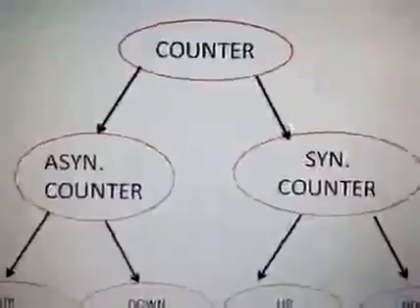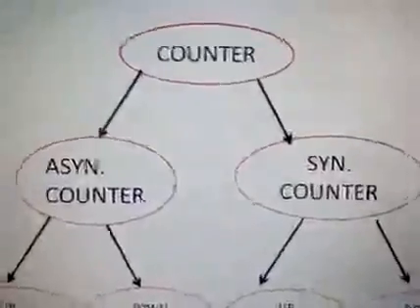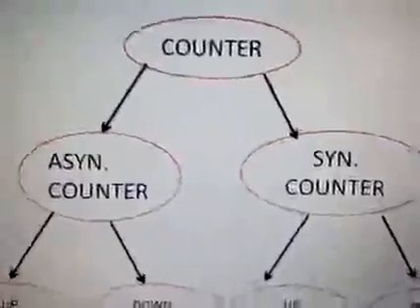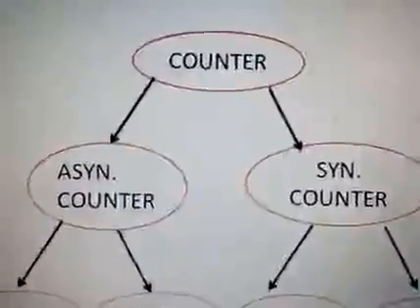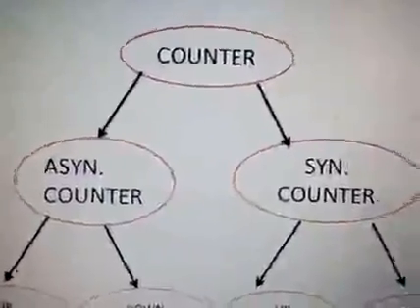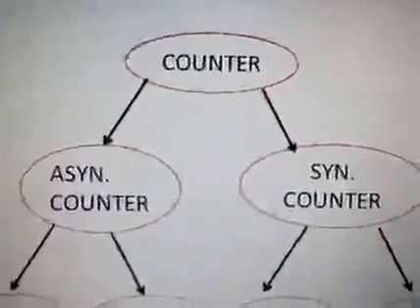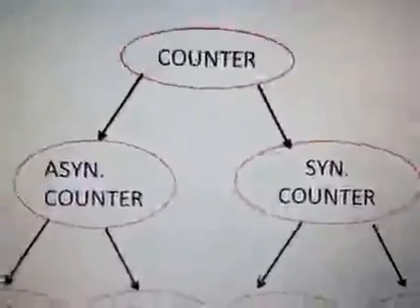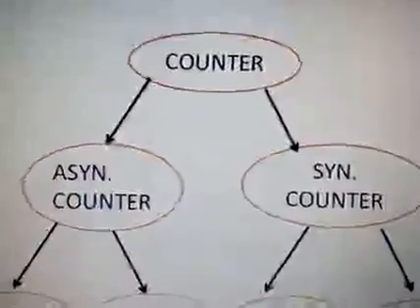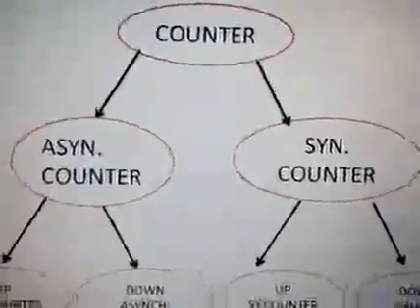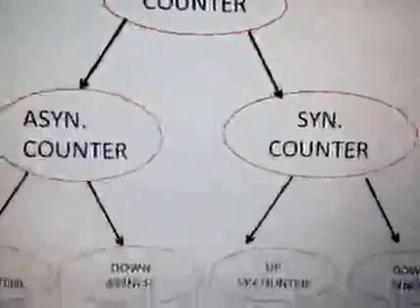The term asynchronous refers to events that do not have a fixed time relationship with each other. Asynchronous counter is the one in which the flip-flops within the counter do not change state at exactly the same time because they do not have a common clock pulse. So it is called the asynchronous or ripple counter.